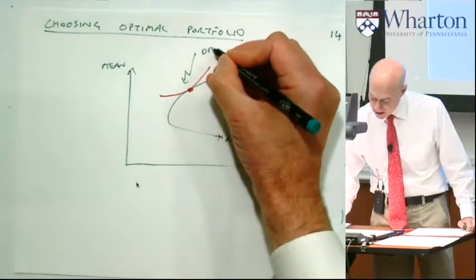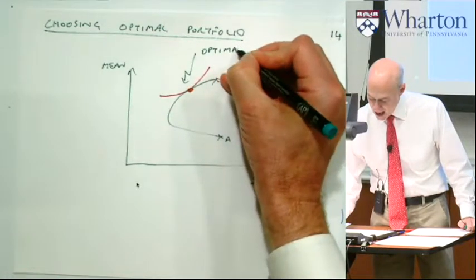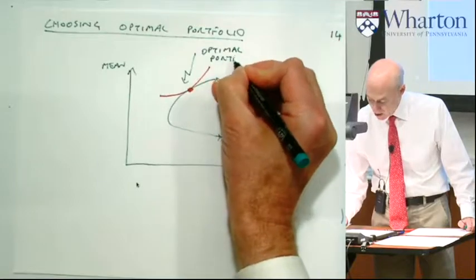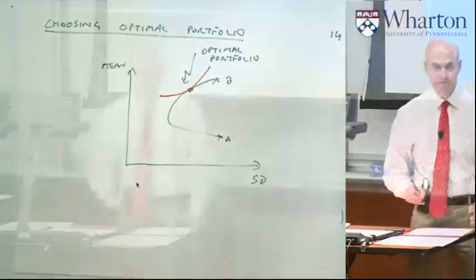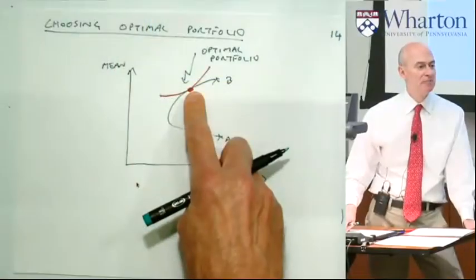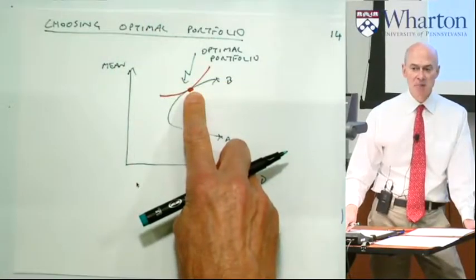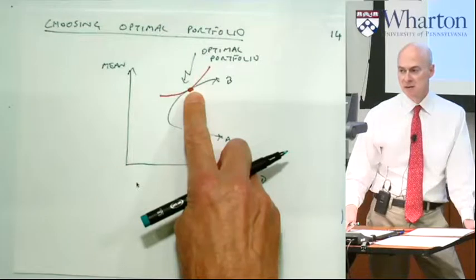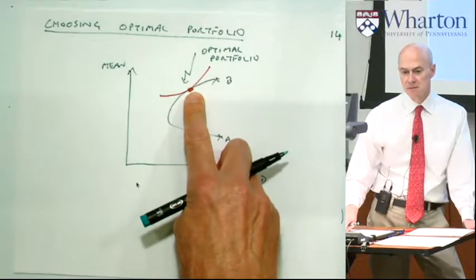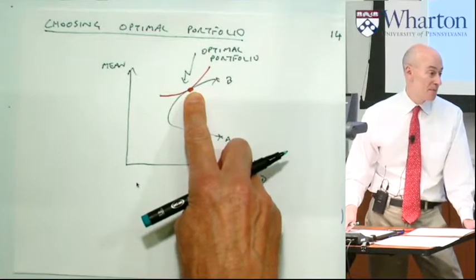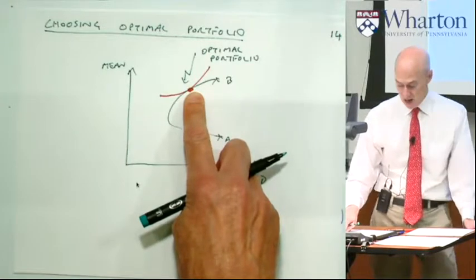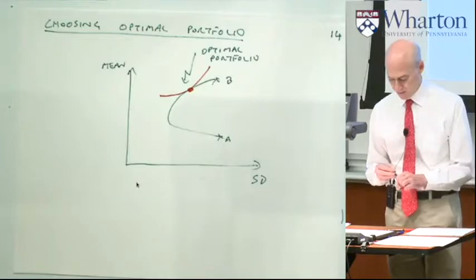And that's telling us how much A and how much B you have. So here we might be what? How much in B and how much in A? So maybe 70 in B, 30% in A, something like that.